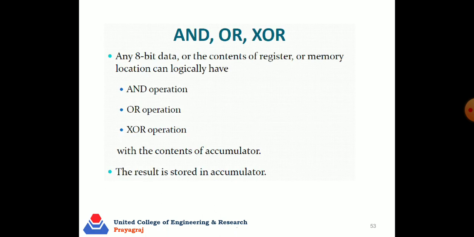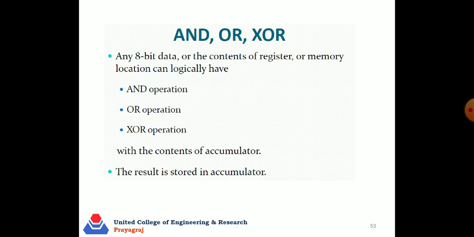First we discuss AND, OR and XOR. Any 8-bit data or the contents of a register or memory location can have an AND operation, OR operation or XOR operation with the content of the accumulator, and the result is stored in the accumulator. Why in the accumulator?